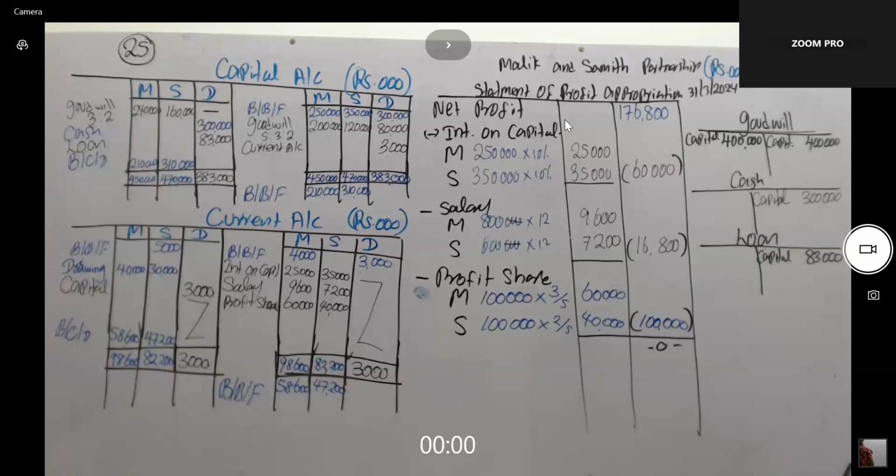Read question number 27 carefully. Think about the requirement also. If you haven't done it, do it first. You have to calculate the current account balance also.